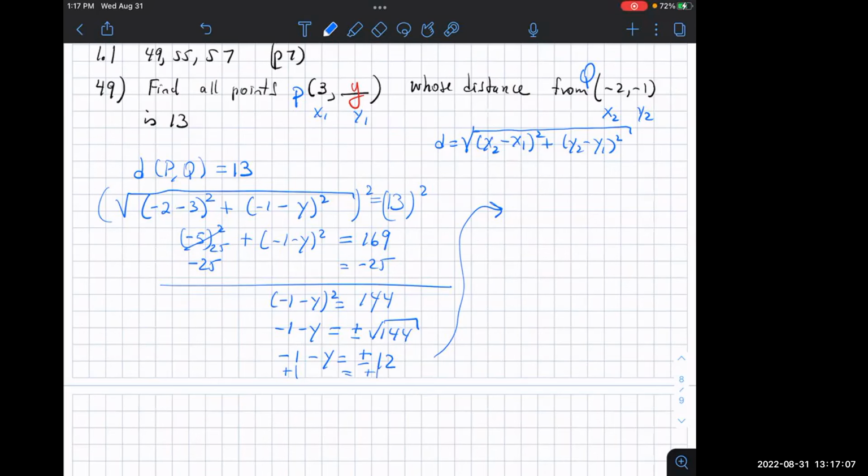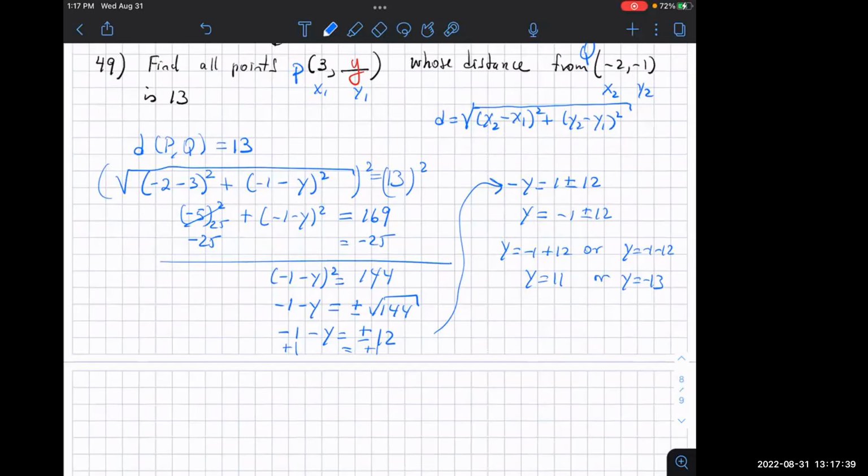Yeah. So you just apply what the condition is, but let's take it all the way. So I get -y equals 1 plus or minus 12, and then you multiply by negative, so y equals -1 plus or minus 12. So y equals -1 plus 12, or y equals -1 minus 12, so y equals 11 or -13.